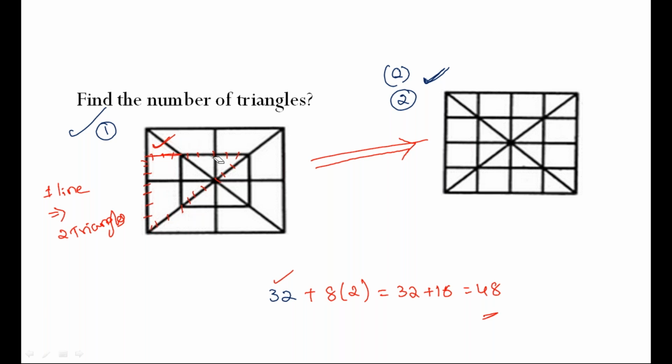I'm trying to erase these dotted lines. That's what I mentioned here. One small line is in fact adding two triangles. Now here, this is one, and this is one, this is one. Like that, you have 1, 2, 3, 4, 5, 6, 7, 8. Because of those 8, we got the next diagram, right? Yes, sir. Okay, done.